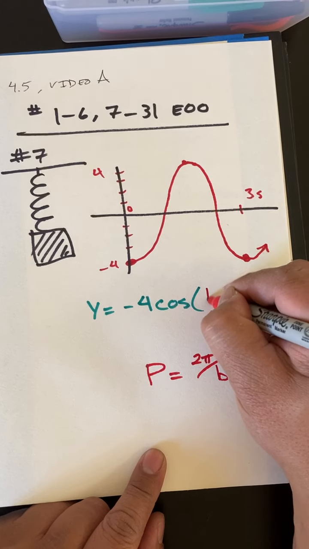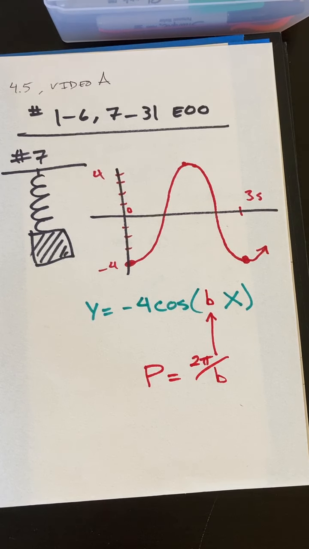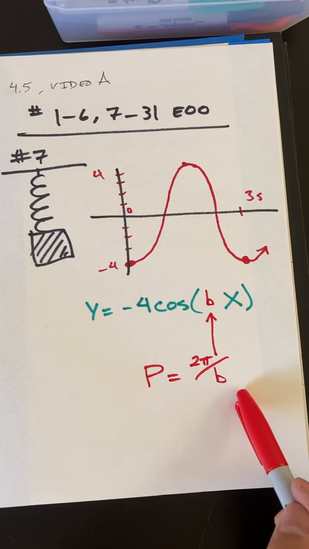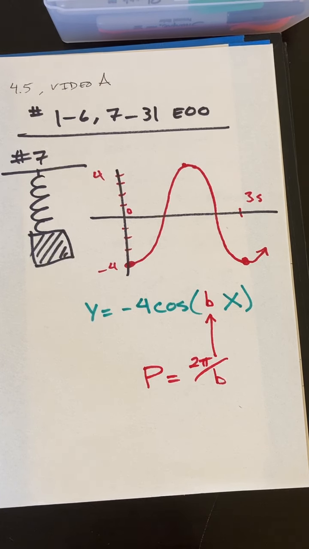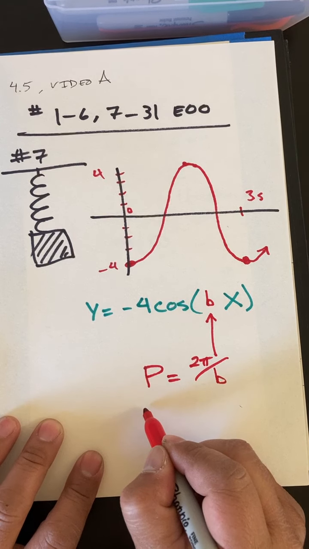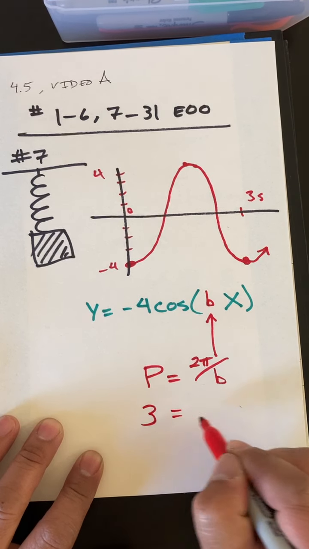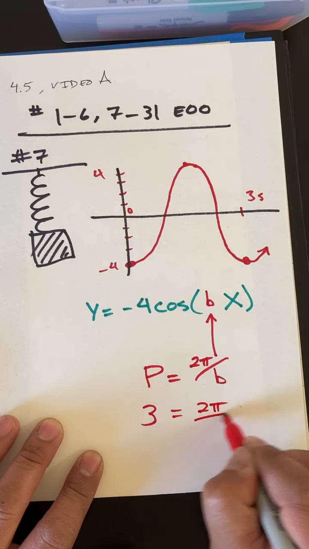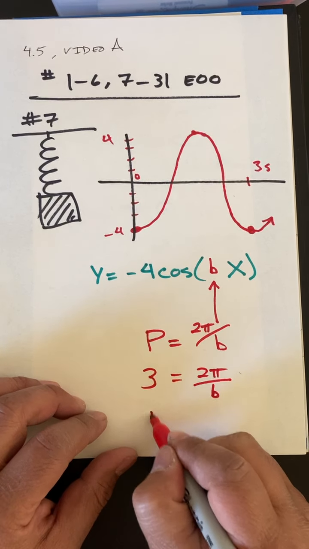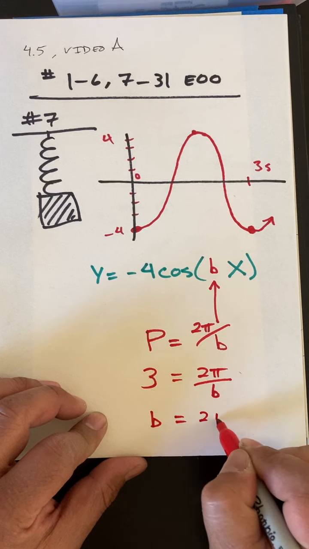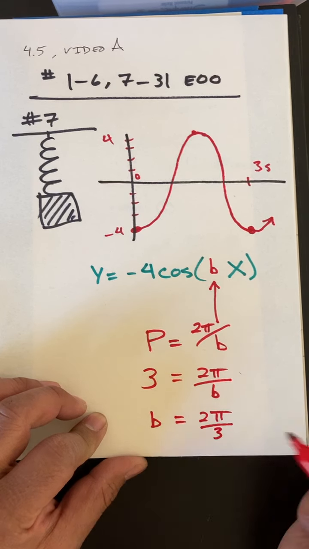So I'm going to put a b right here, just to make it clear. I don't know what this number is. However, I do know that the period from the problem is 3 seconds. So 3 equals 2 pi over b. Algebra 1: b equals 2 pi over 3.